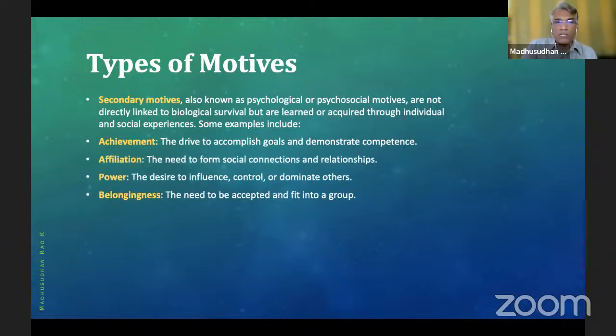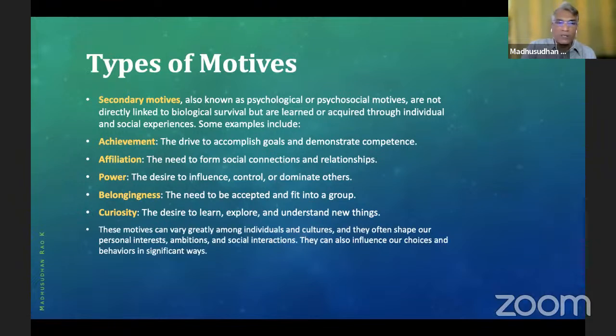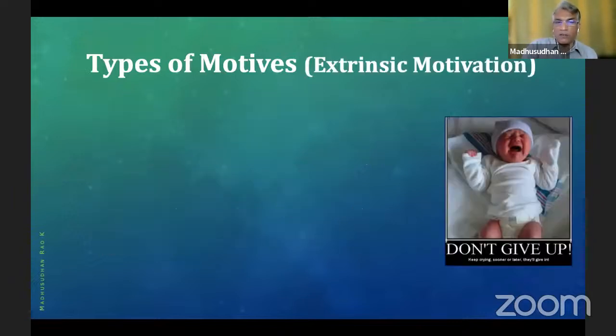For example, achievement, the drive to accomplish goals or demonstrate competence; affiliation, the need for social connection and relationships; power, the desire to influence, control and dominate others; belongingness, the need to be accepted and fit into a group; curiosity, the desire to learn, explore, understand new things. These motives can vary greatly among individuals and cultures, and they often shape our personal interests, ambitions, and social interactions. They can also influence our choices and behavior significantly.